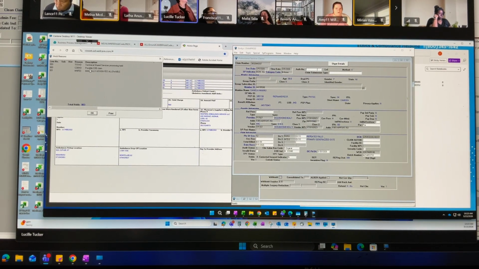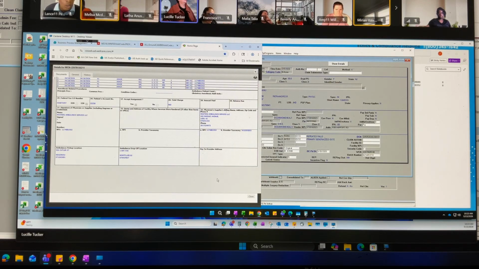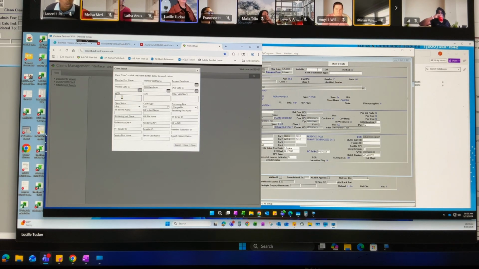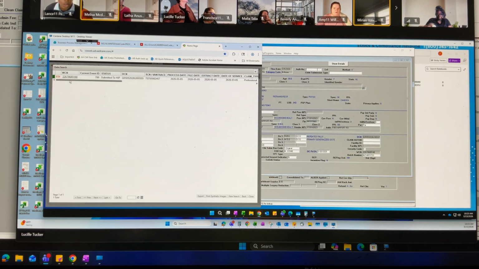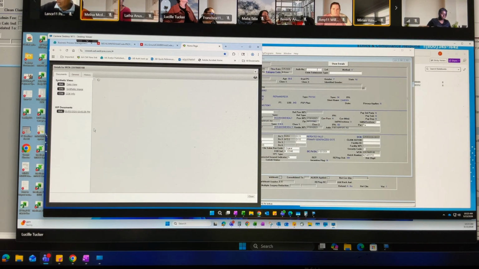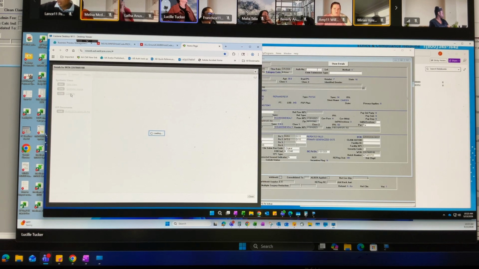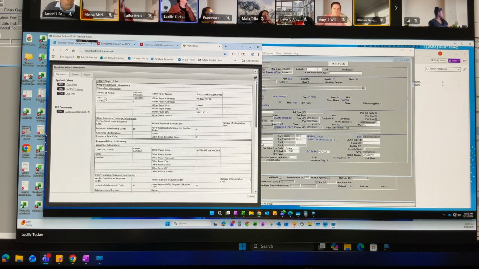So I have COB and MNFEE on this claim, right? So now I'm going to pull my claim image. And I do see that I have Medicare here. I have a Medicare EOB.